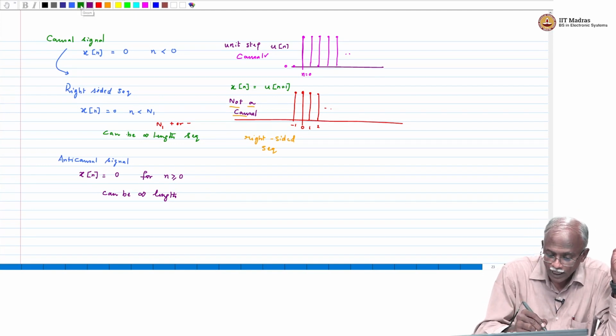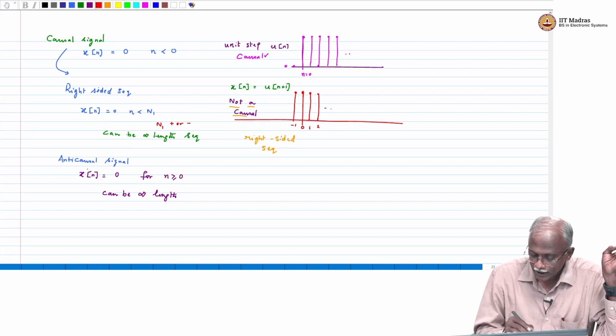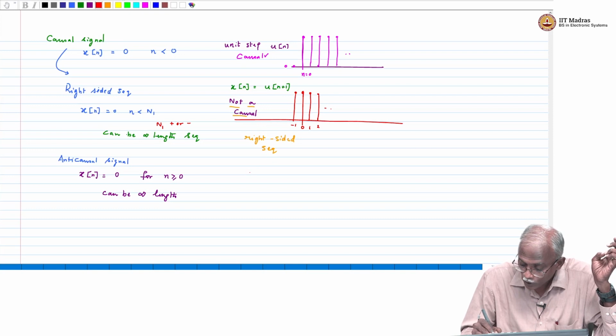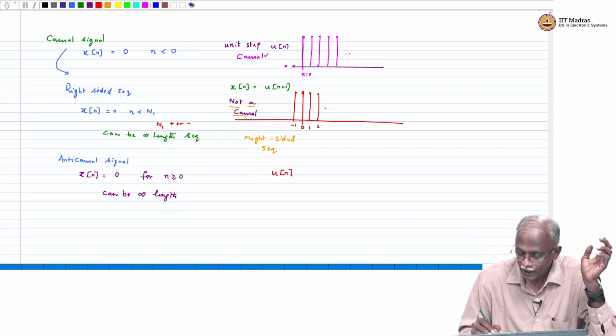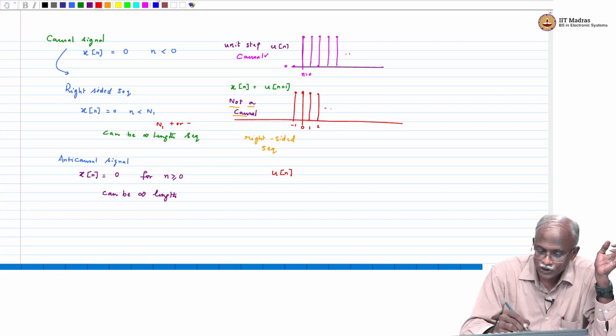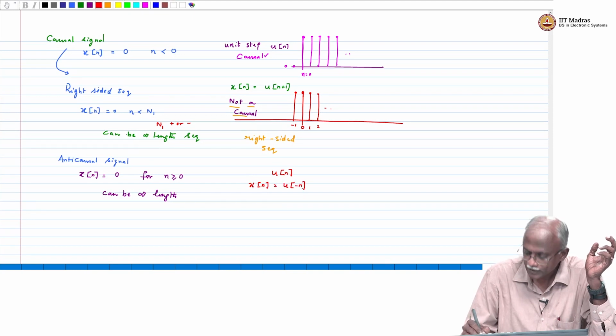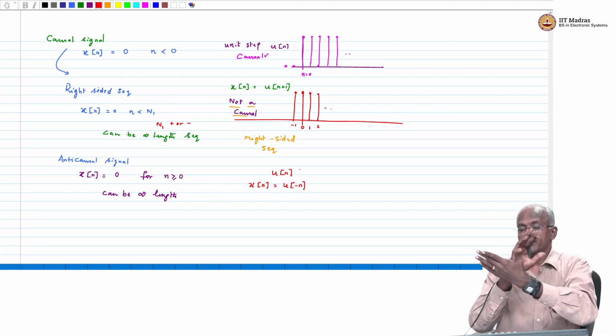Let me give you a simple example of an anti-causal signal. Now, u of n, you know the definition, unit step. If I tell you that x of n is equal to u of minus n, that means it's a time-reversed signal.